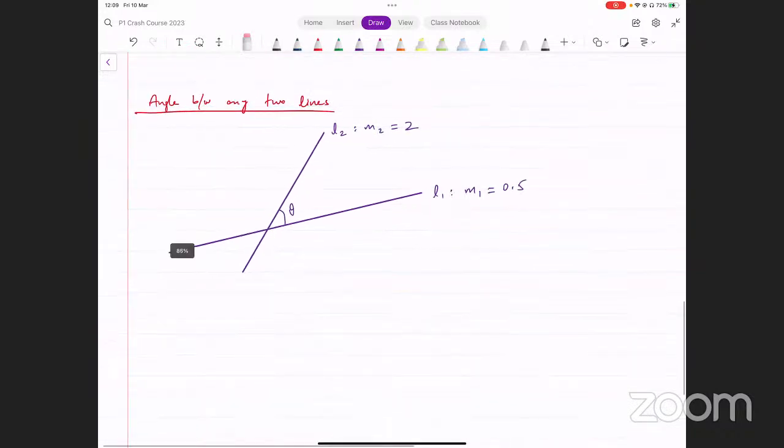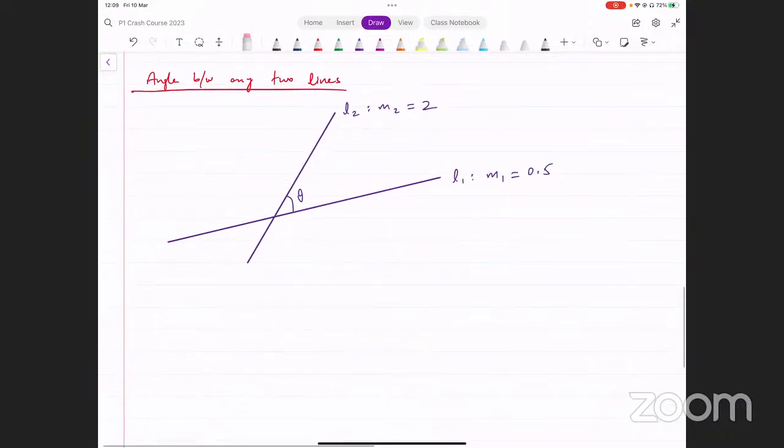Now, one idea is to use the same formula that you used above. But for that formula, you needed a horizontal line. So what you can do is draw a horizontal line at the point where the two lines are intersecting. So you draw a horizontal line here like this.